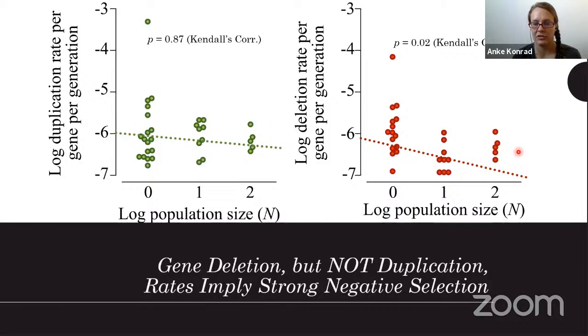In contrast, the gene deletions have a very strong correlation with population size, implying strong negative selection against gene deletion, especially singleton gene deletion.